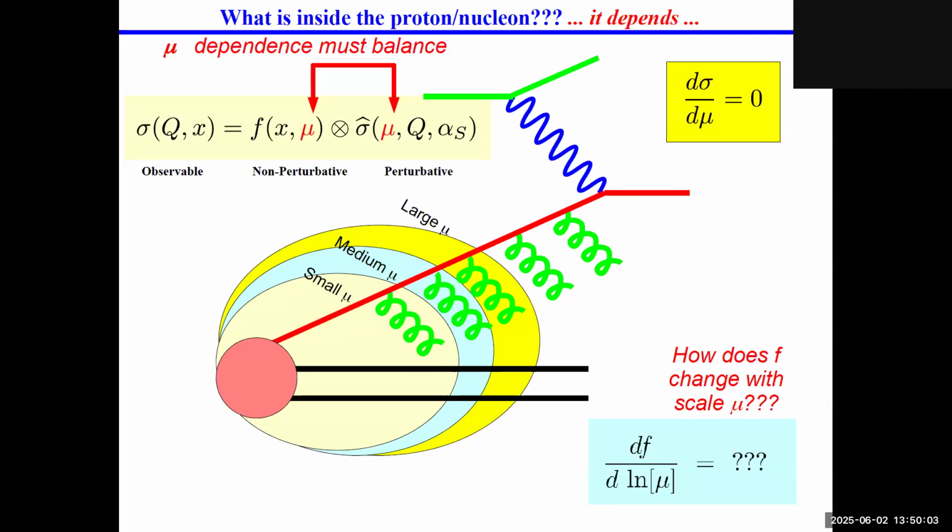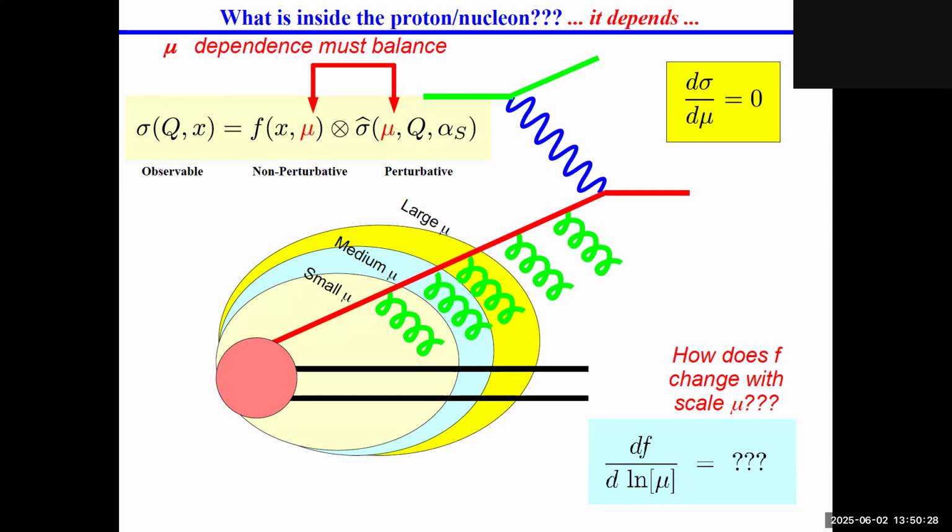And I will extract, or basically measure, this non-perturbative stuff that I can't calculate by inverting this equation. I go and measure a lot of DIS data at HERA or the EIC, and if I calculate this and measure this, I can determine the F, and that's the game.